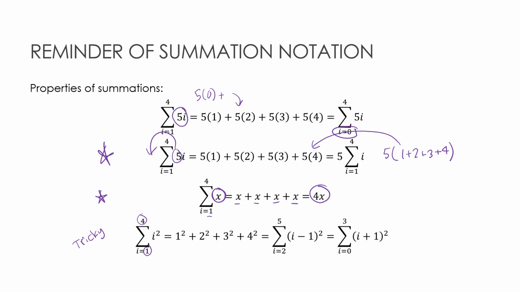So here, notice I've added 1 here and added 1 here, because here I subtracted 1 from i. So still this would be 2 minus 1 squared, which would be 1 squared. And then 3 minus 1 squared, which would be 2 squared. Same thing if I go in the other direction. Here I subtracted 1 and subtracted 1 because here I added 1, and it would be the same thing.